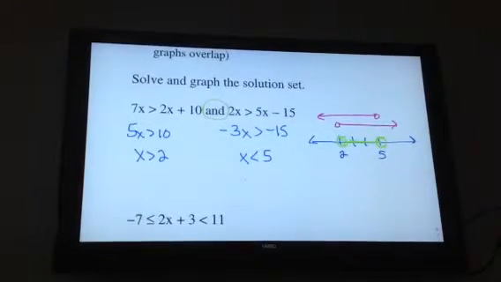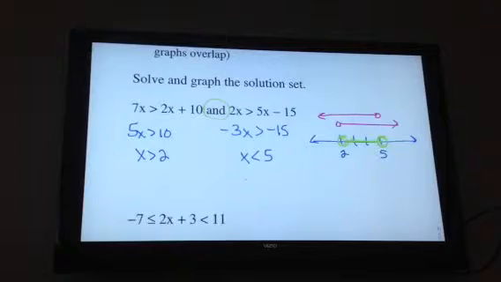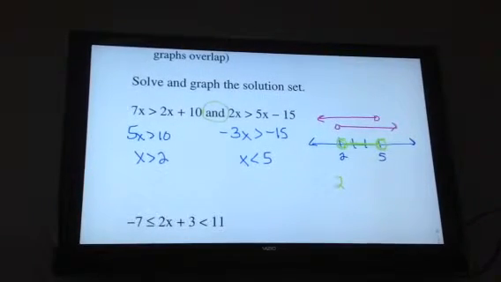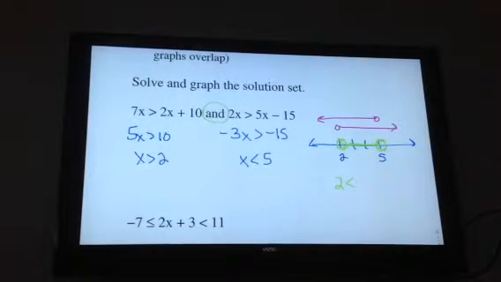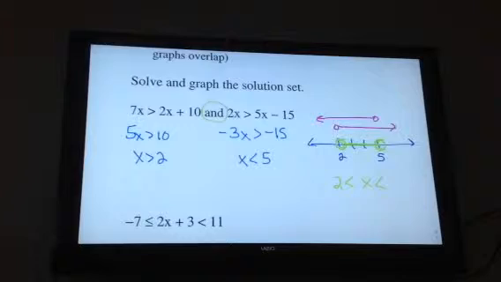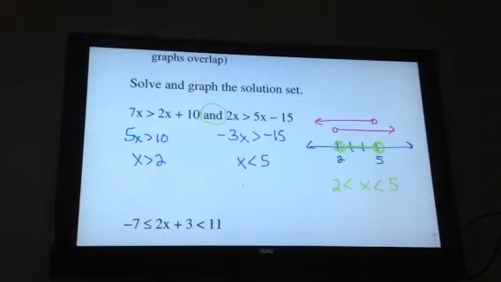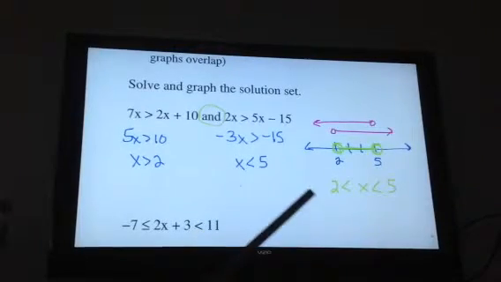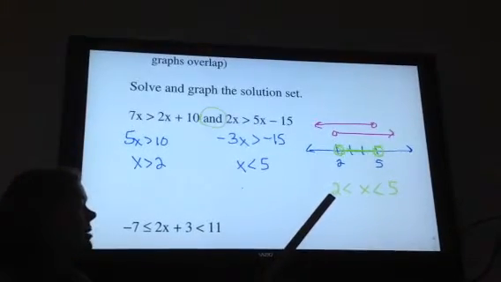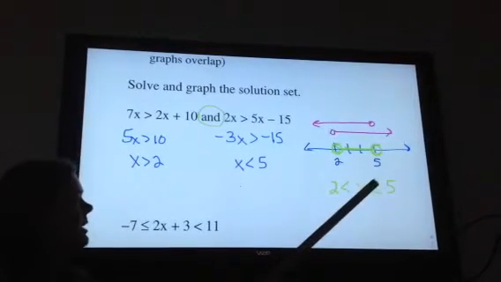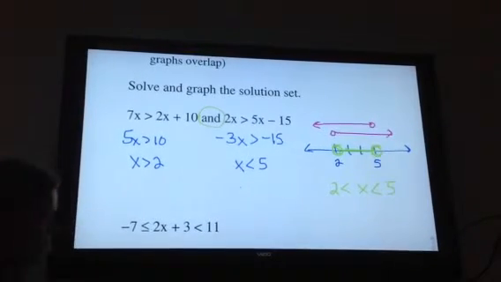When you write your algebra answer, this is what it looks like. I take my smaller number, I put a less than symbol, my x, and a less than symbol, and my larger number. If you put the smaller number on the left and your larger number on the right, they will both be symbols pointing to the left.